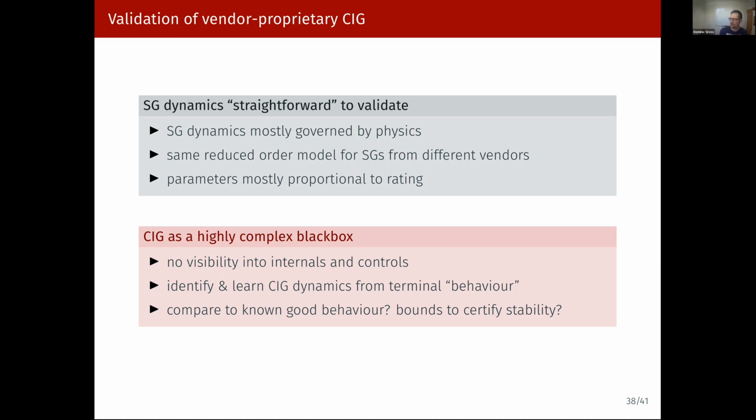So I see this as a pathway to data-enabled stability certificates, where you can turn the core properties of the converter controls that I've shown you before into bounds on the dynamics that each device should be exhibiting.